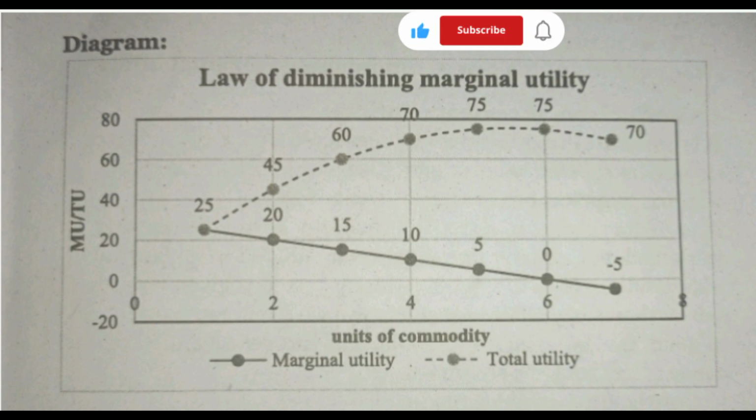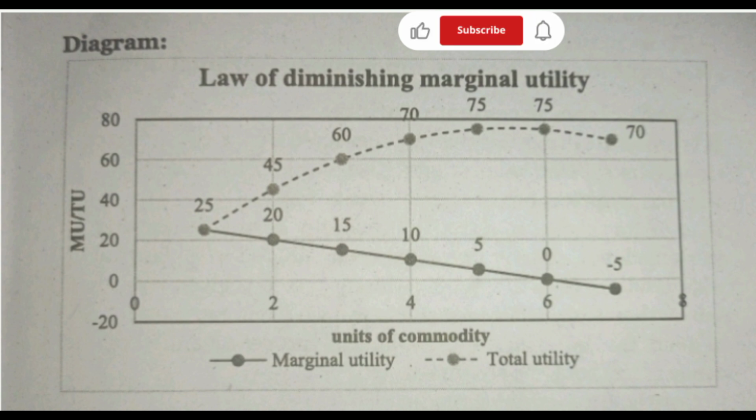In the diagram, we take the units of commodity on the x-axis and marginal utility on the y-axis. We start consumption at the point of the first unit, where marginal utility and total utility are the same, which is 25 units. As we continuously use different units of apple, total utility increases and marginal utility tends to decrease.